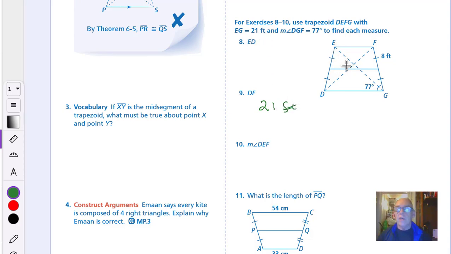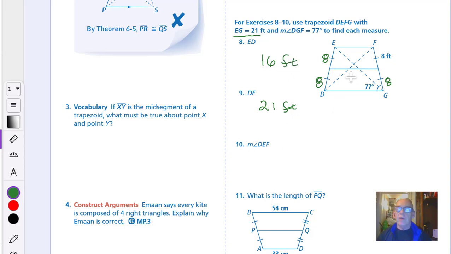So if EG is 21 feet, then DF must also be 21 feet, since in an isosceles trapezoid, the diagonals are congruent. Look at this side over here. If this is labeled as an 8, this must be an 8, this must be an 8, and this must be an 8. So ED is going to be 16 feet.